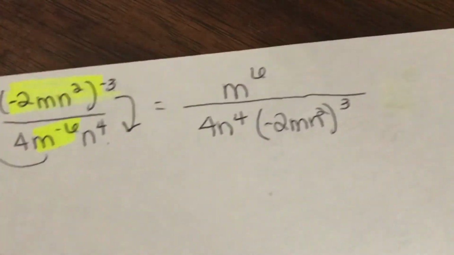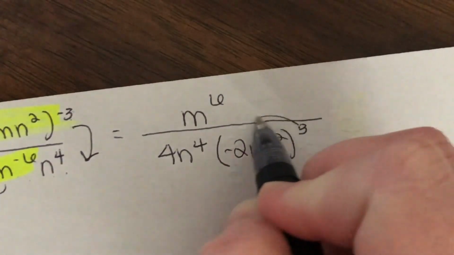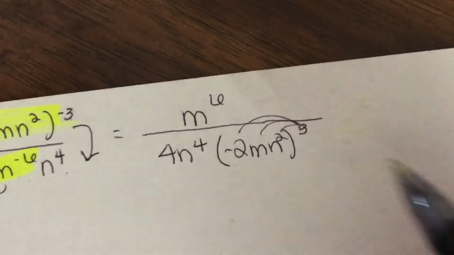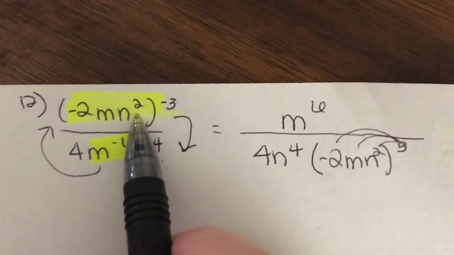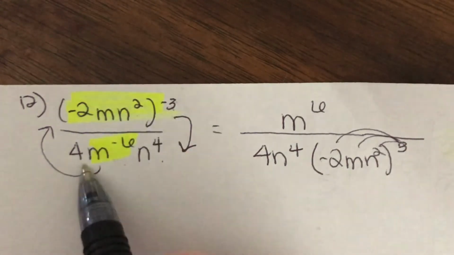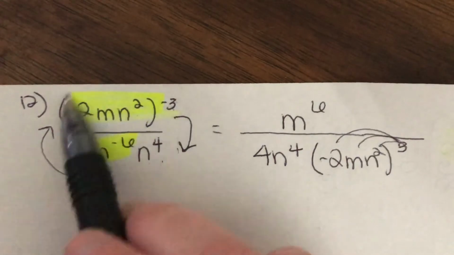Okay, so now I can simplify. The next thing I want to do is parentheses here. I want to distribute that exponent 3. I could have done that first here, but then all of these would have ended up with a negative exponent, and I would have had to move all 3 down. In this case, since the whole thing had a negative, I could just move the whole thing down.